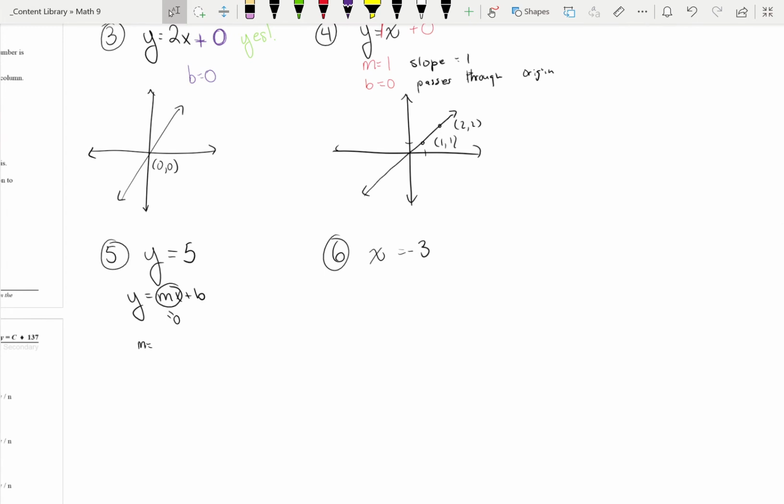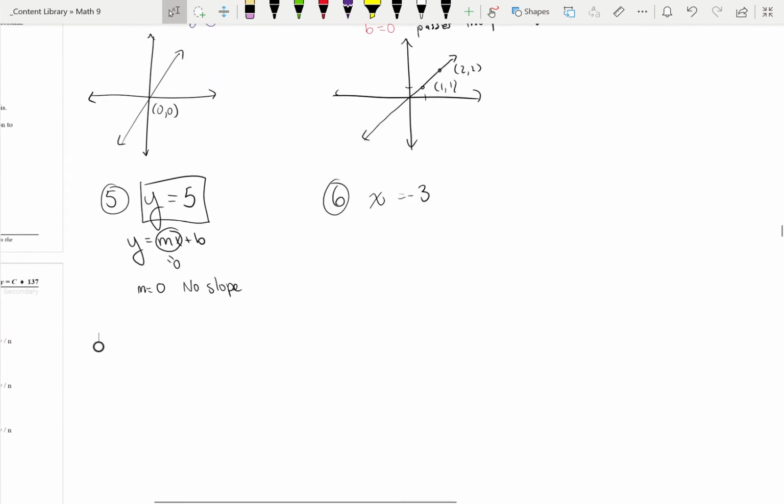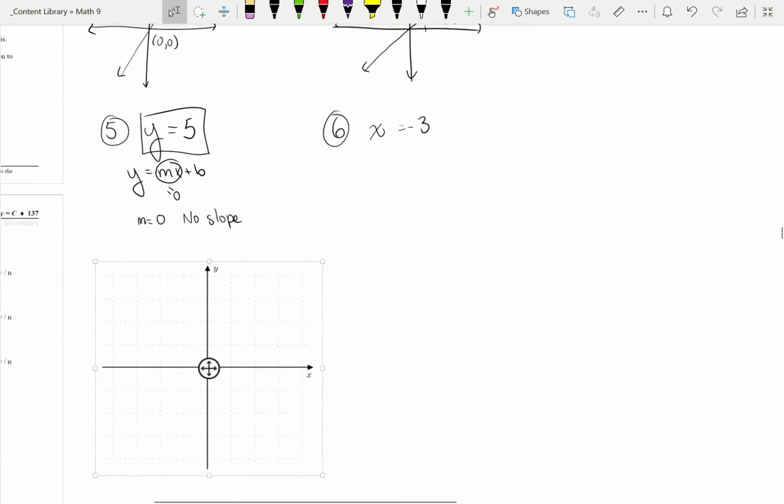This is only true if our slope is equal to 0. Basically, what we have here is there's no slope. Or another way to put it, it doesn't matter what my x value is, my y value will just be 5. It's literally the statement y equals 5. So if I go up 2, 4, 6, 8, so 5 will be right here.